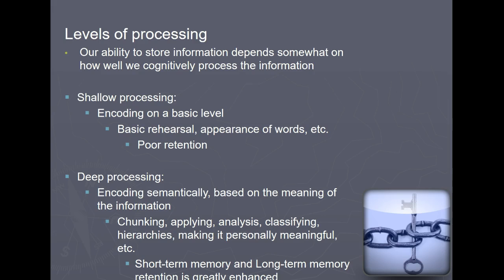So when we're processing information, we think about the meaning of it. We think about why it's important. You might analyze information or apply it to a real life scenario or apply it to your life. When we do something like that, and we're actually thinking about the information in a meaningful way, that's called deeper processing, and we actually encode that information much better and store it much better. That also makes it a lot easier to retrieve that information.